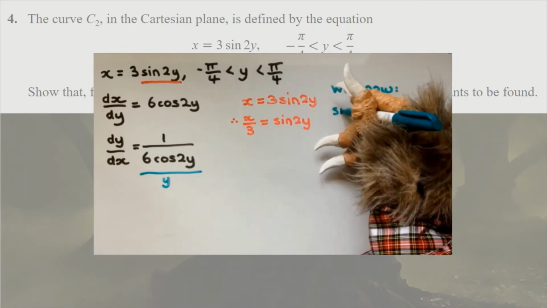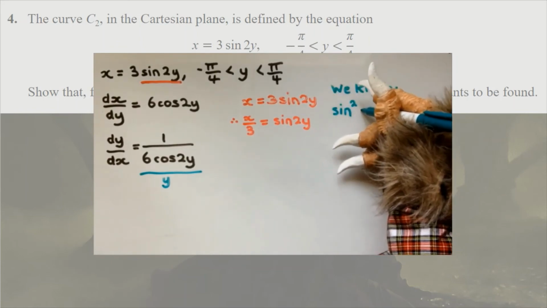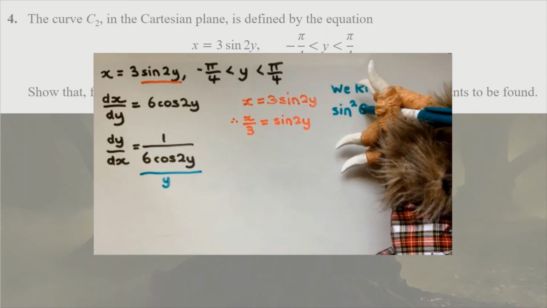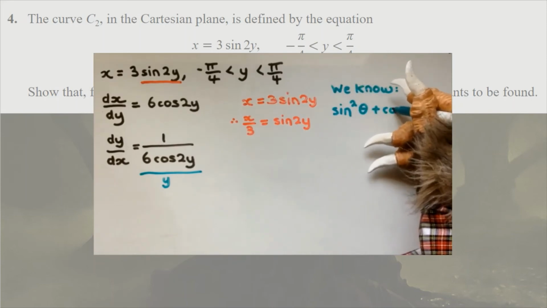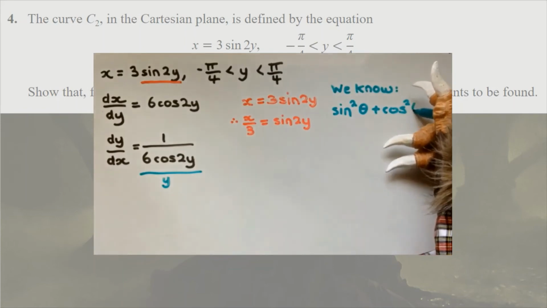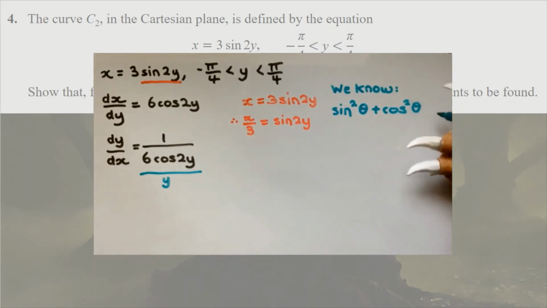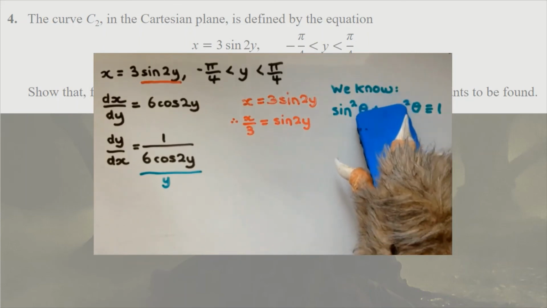So if I have sine squared, I'm going to put theta in here first, plus cos squared theta, just some angle, is absolutely identical to 1. But so what? It's theta. Let's call it something else. So let's call it the thing we're interested in this question, which is 2y.